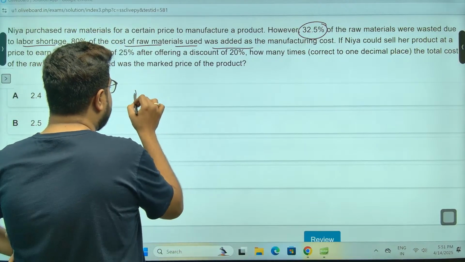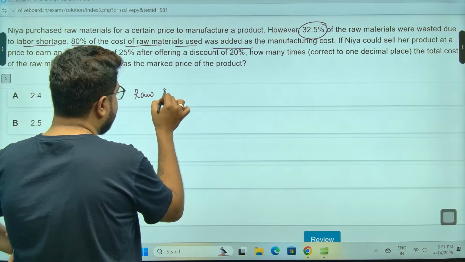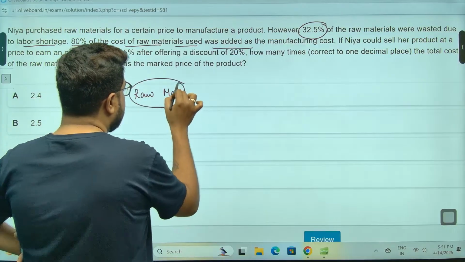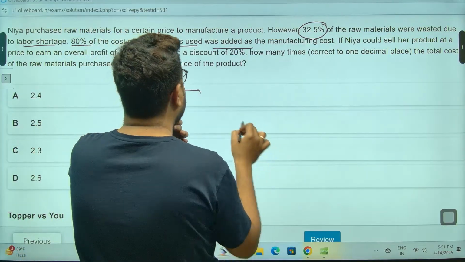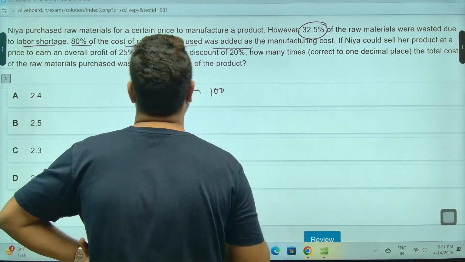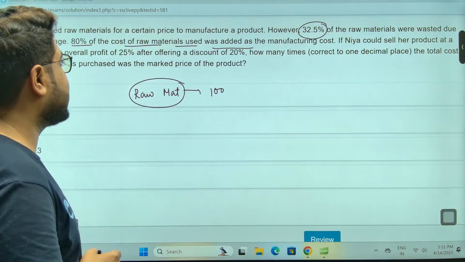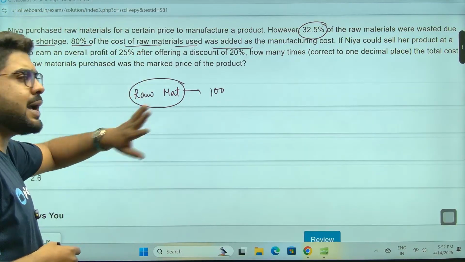So raw materials, I'm taking 100 rupees, because no value is involved. I'm taking 100, not 100x.